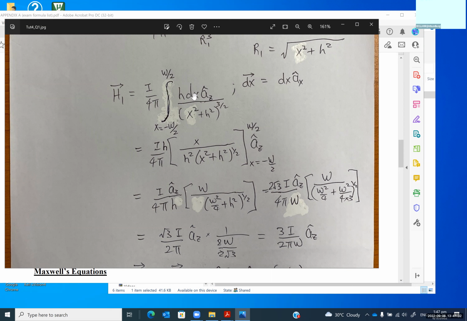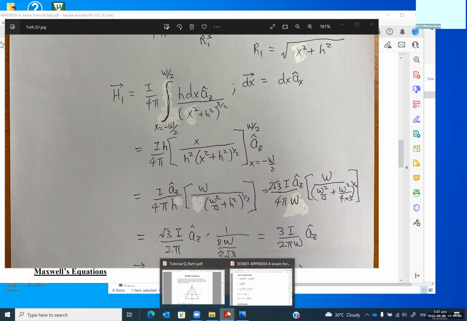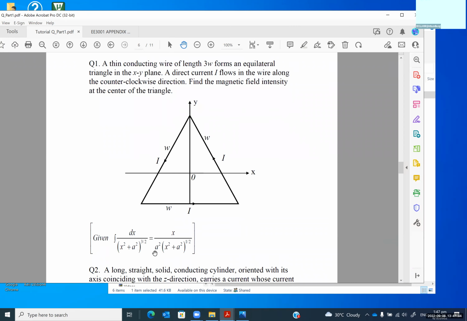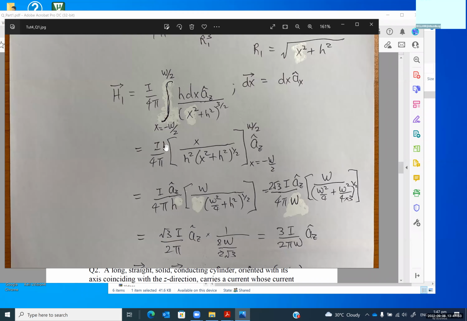So when we integrate dx divided by x squared plus h squared to the power 3/2, you're given the solution of that integration. In place of a squared is h squared, so that's how we get this answer: x divided by h squared times the square root of x squared plus h squared. I need to put the x value varying from minus W/2 to W/2.